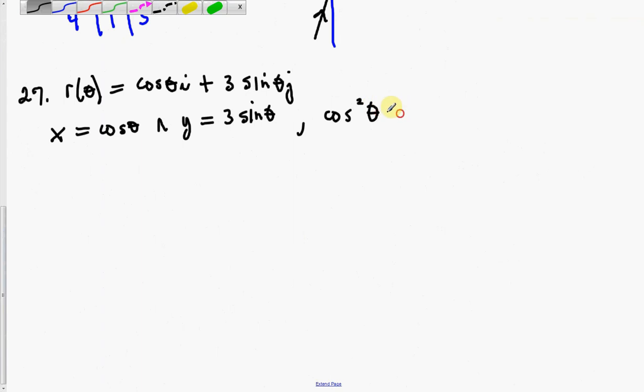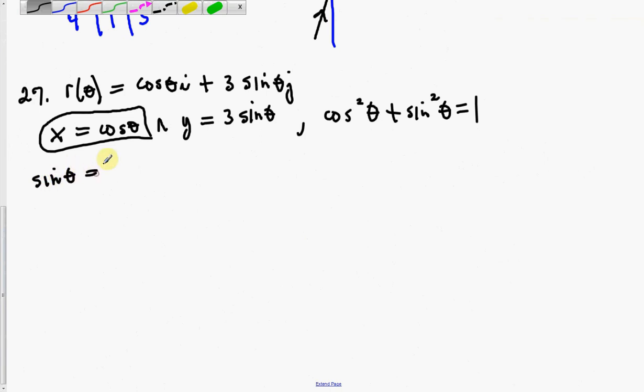Now we know that cosine squared theta plus sine squared theta is equal to 1. So we have the cosine isolated, but for the next one we have that sine theta is equal to y over 3.